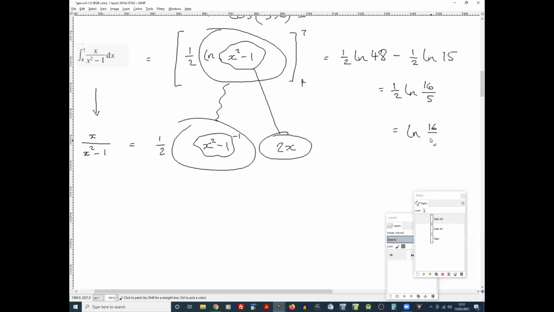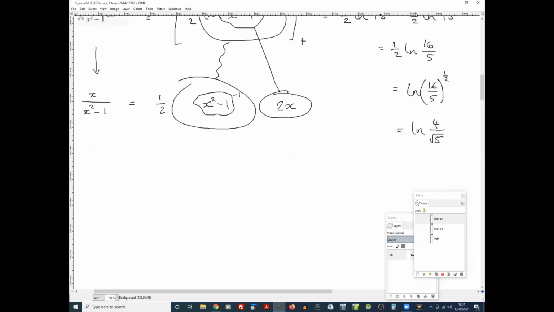Somehow ignoring the fact that 5 doesn't have a nice square root, although 16 obviously does. But then I'd have to put a root 5 there, which isn't particularly nice. So this, in a way, looks neater than that. But you see what I was half thinking.